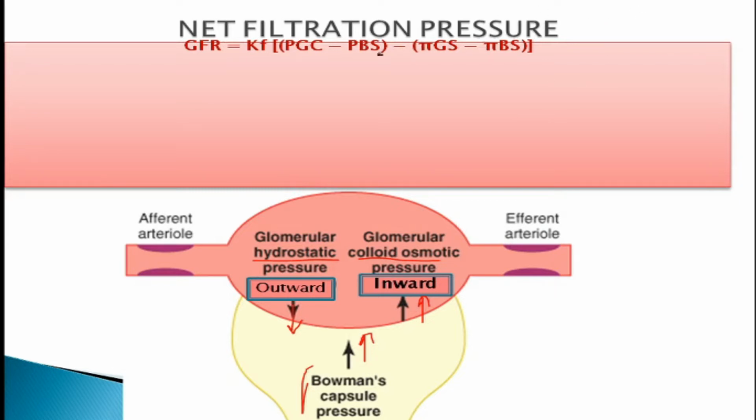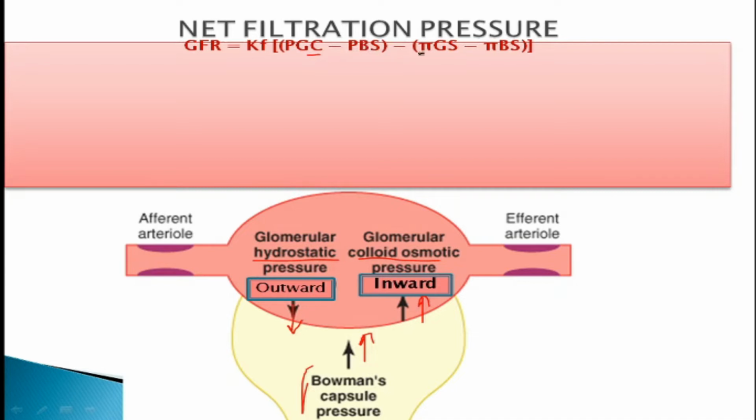and this net filtration pressure can be equated by this particular equation, which shows the hydrostatic pressure at the glomerular capillary minus hydrostatic pressure in the Bowman space. So that means we have two hydrostatic pressures. Hydrostatic pressure in the glomerular capillary will promote filtration, whereas hydrostatic pressure in the Bowman space will retard filtration.